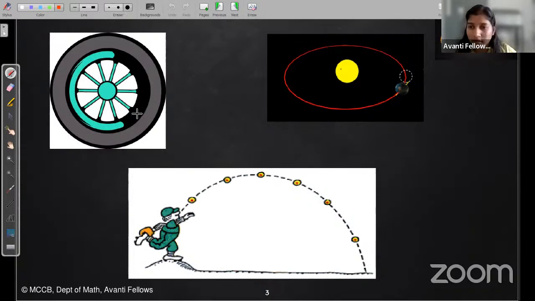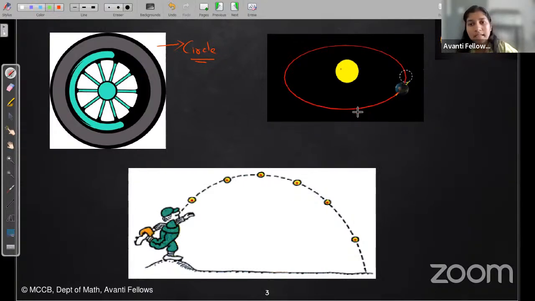Very good. So yes, this represents a circle, right? Now in the second image, you can see the revolution of Earth around the sun. What is the shape of the path covered by this Earth?